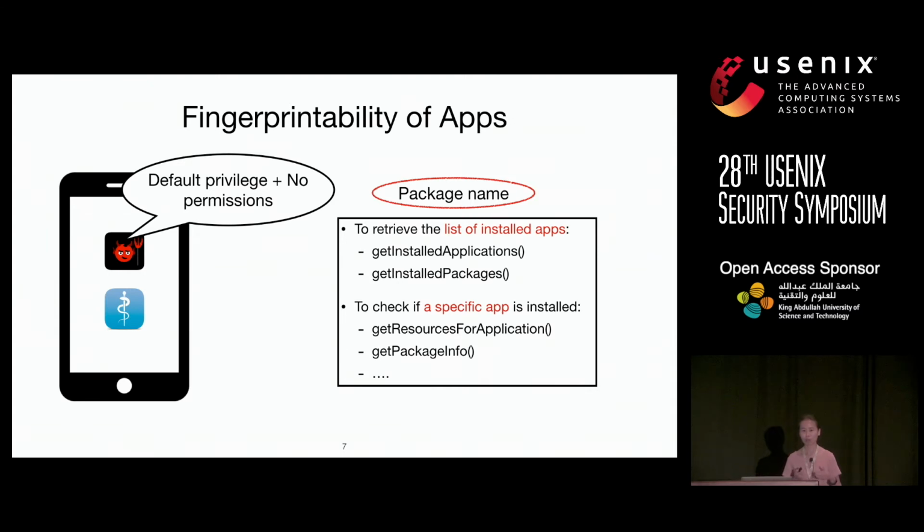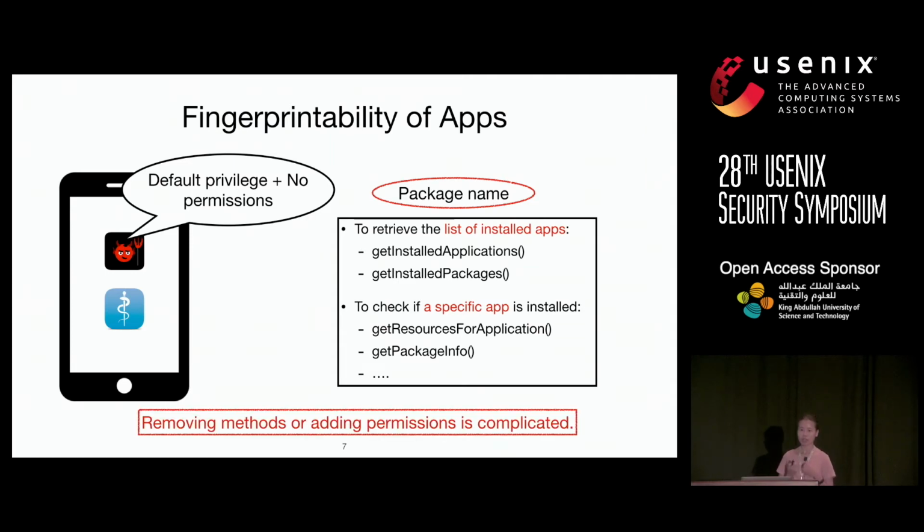As a result, these methods can be used as an oracle to learn if a particular app exists on the device. Clearly, the number of methods is numerous, and therefore removing these methods, or adding new permissions, is not straightforward. It's complicated, right?